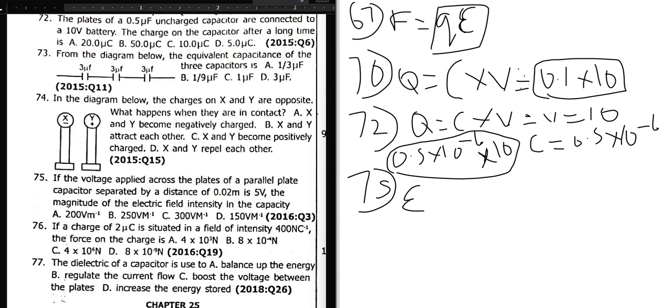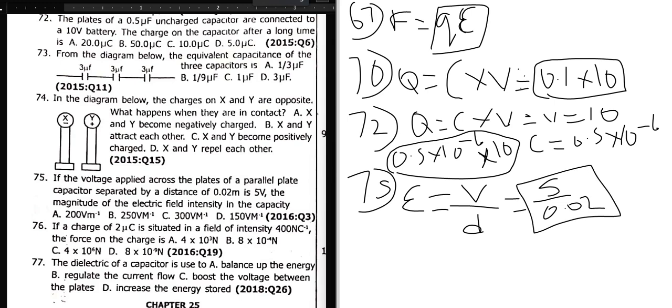So this will be equal to voltage over distance. What's the voltage? The voltage is 5 and the distance is 0.02. I am giving you almost everything to solve. So that is how you solve that, voltage over distance.